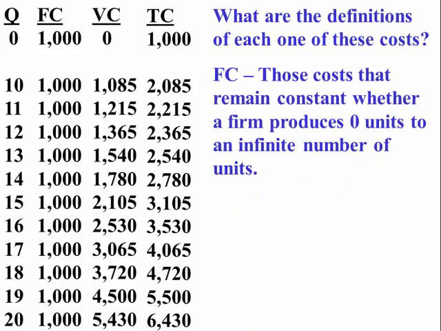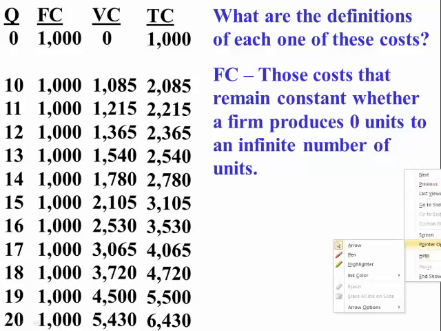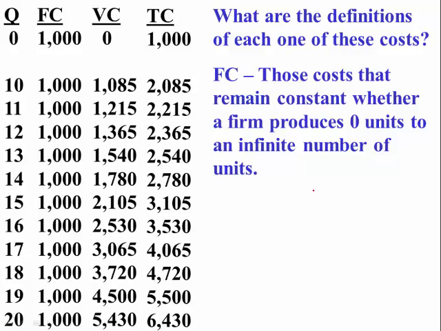Fixed costs are those costs that remain constant whether you produce 0 units to an infinite amount of units. Let's go back now to the example on the fixed cost of producing hot dogs. So what are the fixed costs of producing hot dogs?